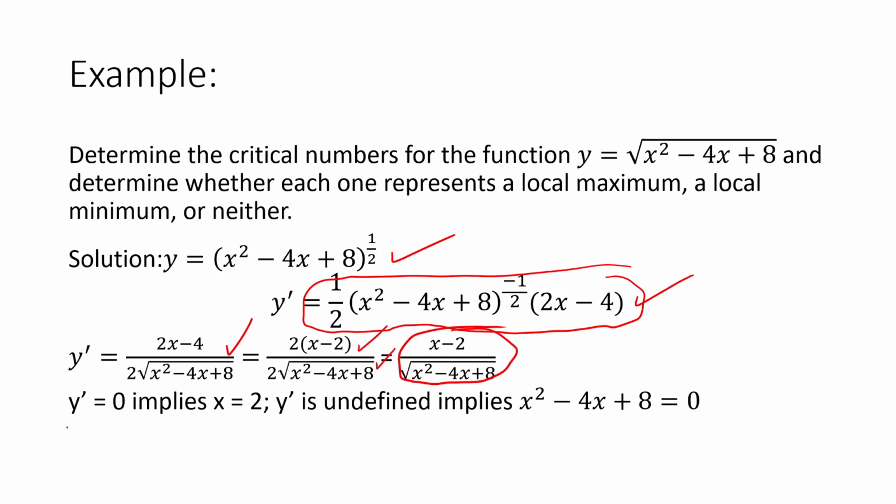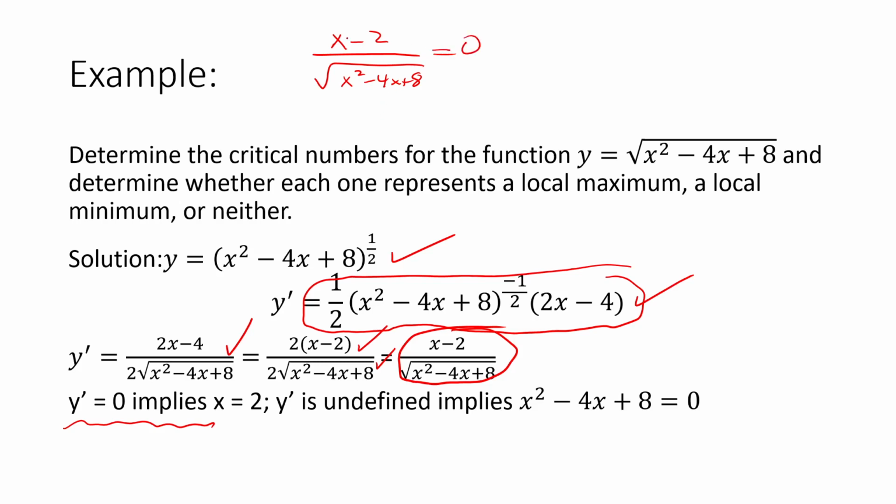Well, we want to determine where the first derivative can be 0. So what we're going to do, we've got our first derivative equal to x minus 2 over the square root of x squared minus 4x plus 8. This happens quite frequently in these type of examples. We're going to actually let the numerator of the first derivative equal to 0.